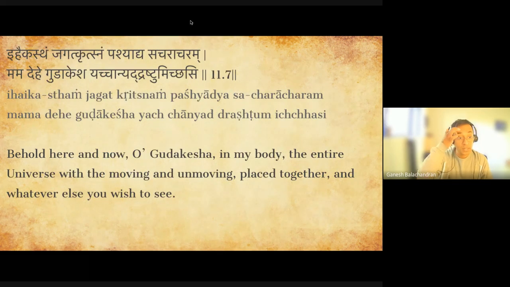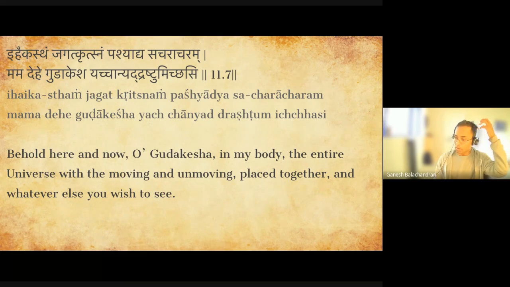Ihaikastham jagat kritsnam pashyadya sacharacharam, mama dehe gudakesha yachanyad drashtumichasi. Behold, here, Eka, and Adya, now. Behold, here and now, O Gudakesha. Gudakesha refers to Arjuna.